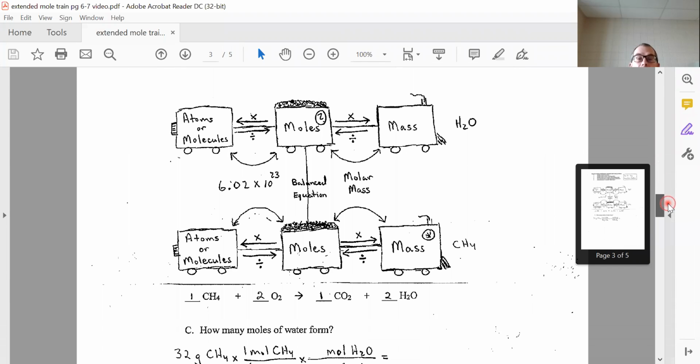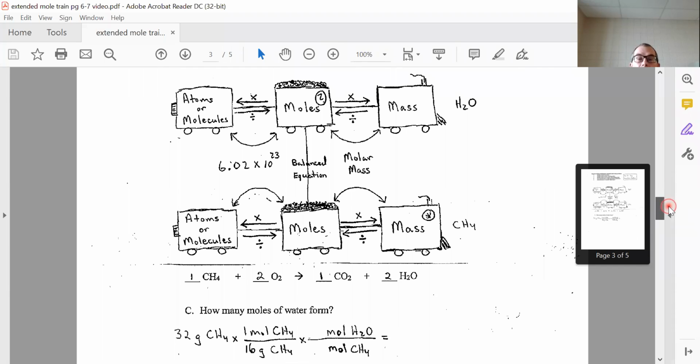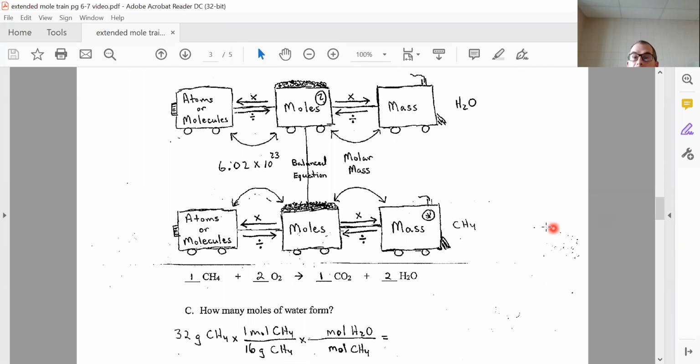This one is given that we have grams of CH4, and it says how many moles of water form. Because this is all part of the same problem, we're going to assume we're still starting at 32 grams of CH4. Now we're switching it out, bringing water in here. And we're not asked for grams, we're only asked for moles, so we don't have to go as far.